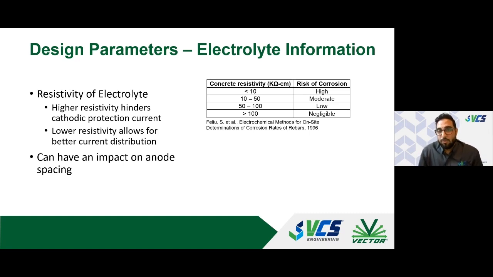That's why with a lot of anode systems, the manufacturers limit the concrete resistivity to a certain amount, because if you exceed that resistivity value, the current of the anodes won't be able to go far out. And so that can have an impact on the anode spacing.